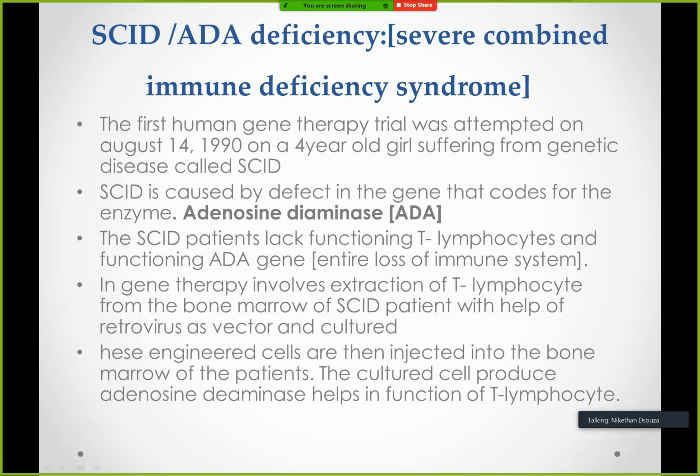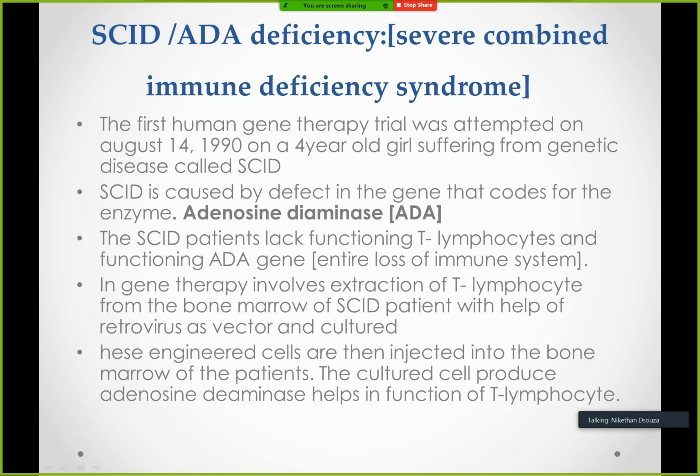You can search YouTube for the ADA deficiency treatment and see a video, but this was unsuccessful. After a month the baby died, and after 6 months they conducted the same experiment again, where they succeeded and the baby lived. But what is adenosine deaminase deficiency? See, there is a fault.